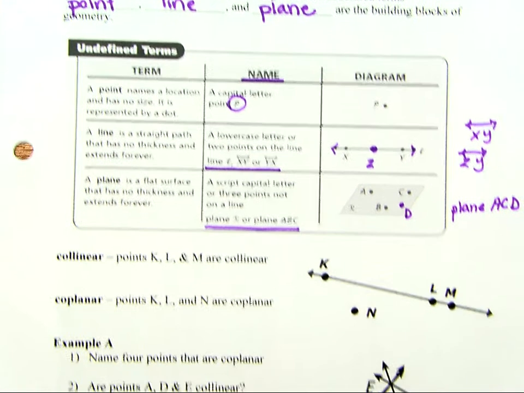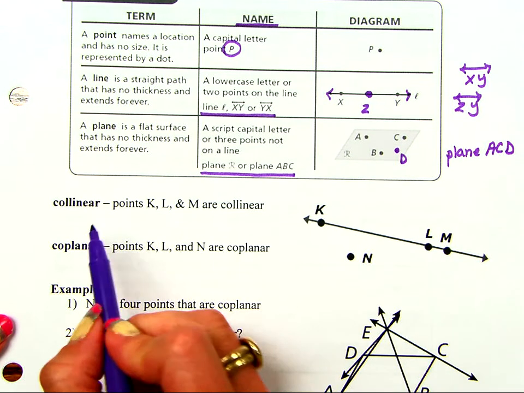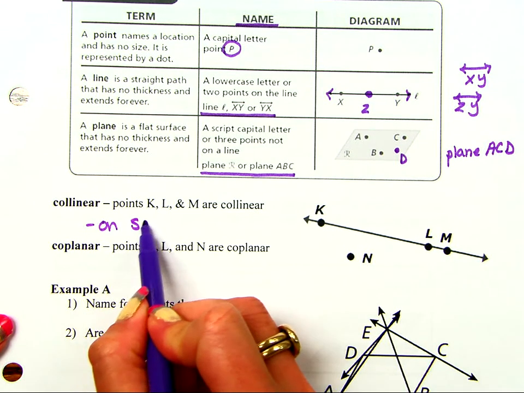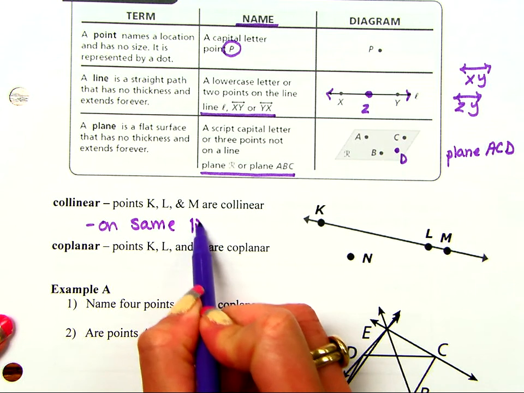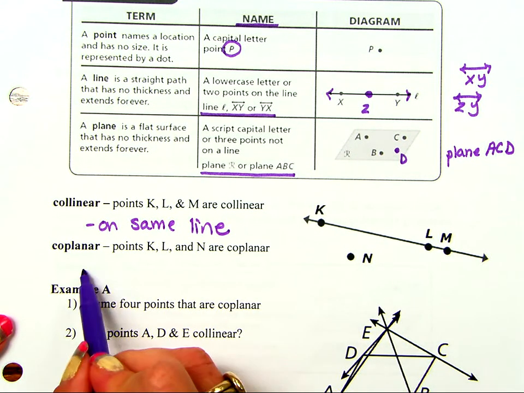Down below, we have a couple new vocab words. They give us the word collinear. When you say that, collinear, you should hear the word linear, which means line. K, L, and M are collinear, meaning they are on the same line. Coplanar, then, meaning on the same plane.